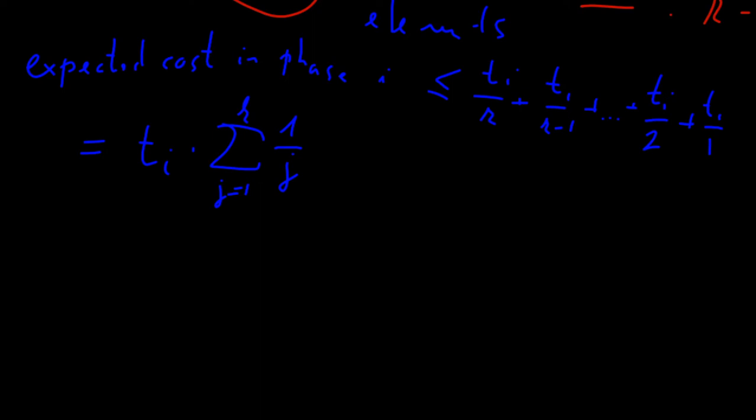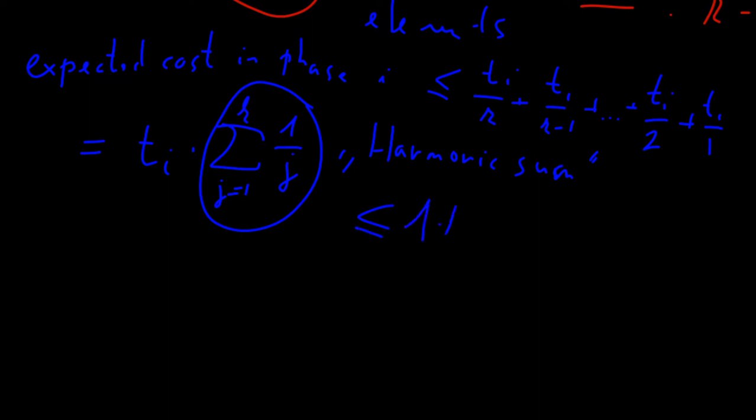Now, what's this? This is called the harmonic sum. Google it if you wish. And the harmonic sum is known to be at most 1 plus the natural logarithm of k, times ti, of course.